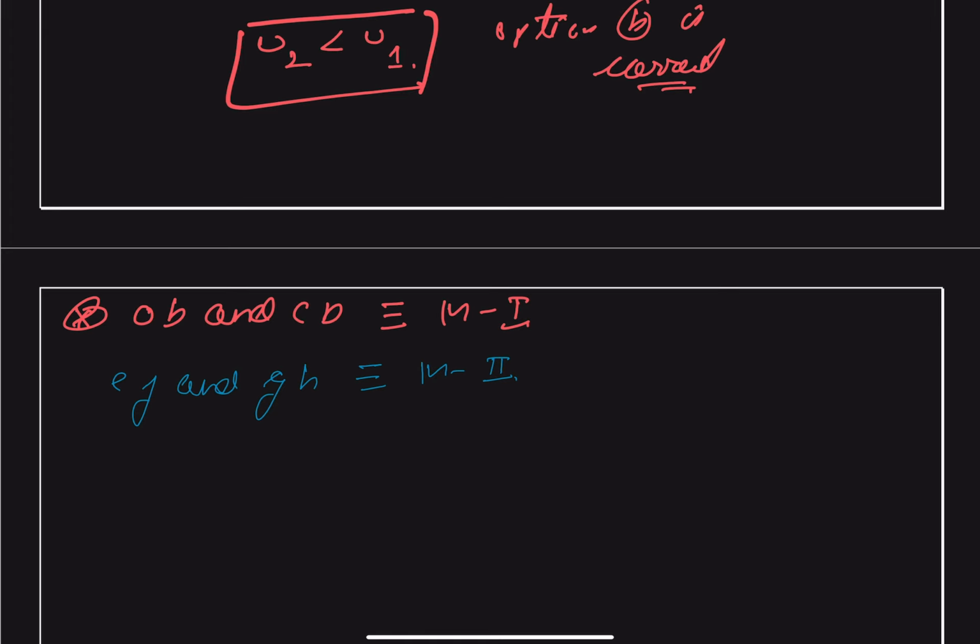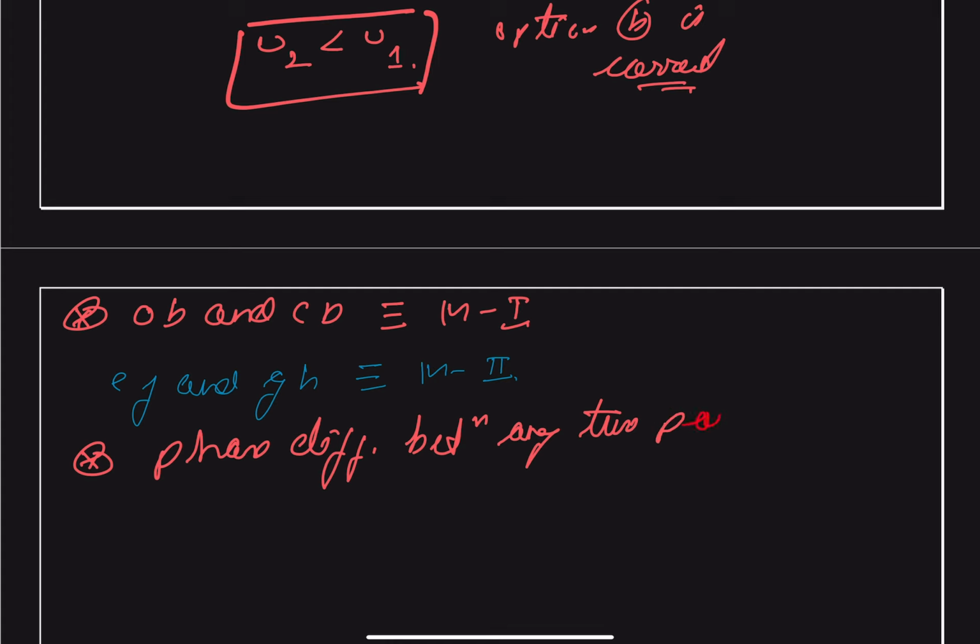And the phase difference between any two points on the same wavefront is always 0.